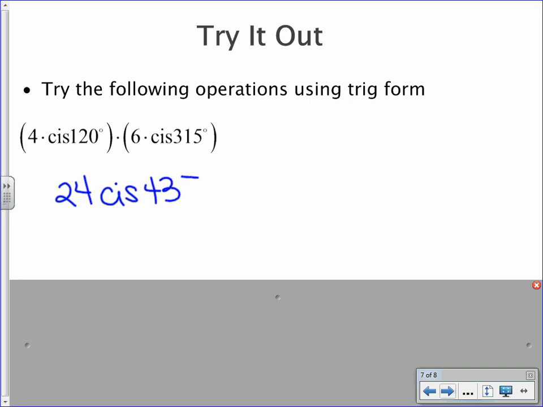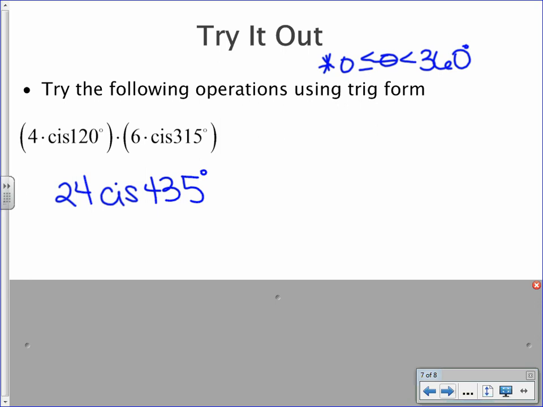Now, anytime you give me a number in trig form, I need that angle to be between 0 and 360. This angle is not between 0 and 360. How can we get it there? Remember we have that vocabulary word, coterminal angles.